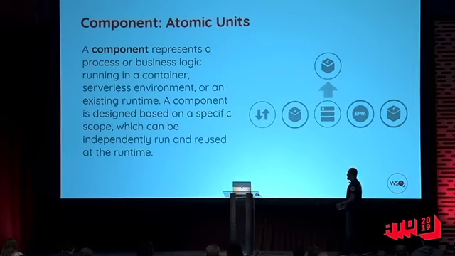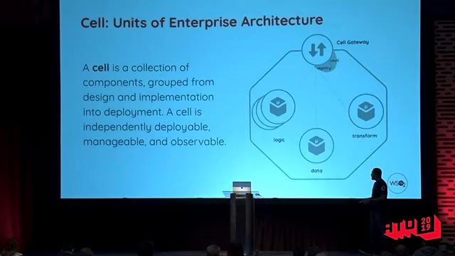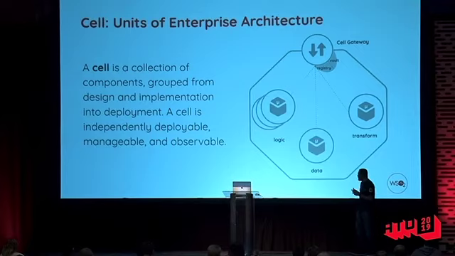So a set of components, we call it a cell, and then a cell contains a cell gateway. So it's basically the architecture building block of this particular concept. I will dig in deep into each and every component, as well as the concept behind the boundaries and so forth, in the next few slides.